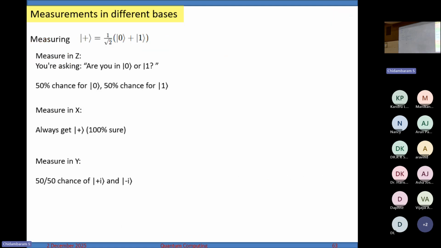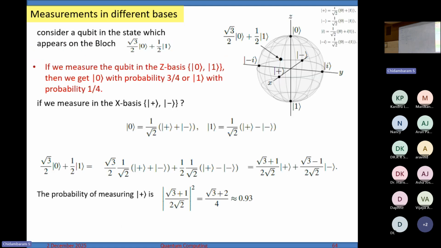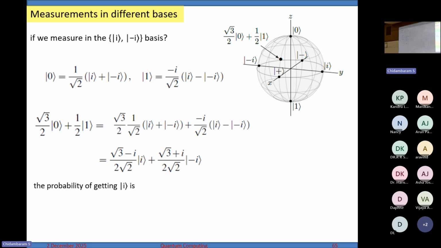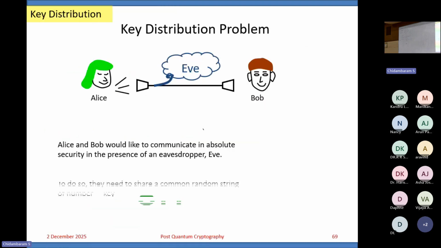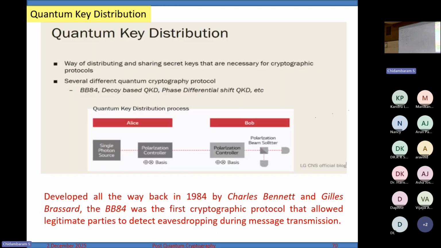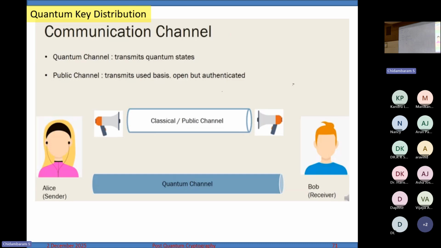Okay, so this is the different measurement in different bases. We have done this. This key distribution also, in one way or other, we already discussed. The protocol we discussed is called the BB84 protocol, wherein you have the quantum channel to communicate your qubits and the classical channel to know about the basis, to understand whether the bases are common or not.